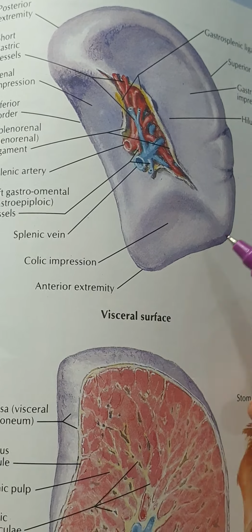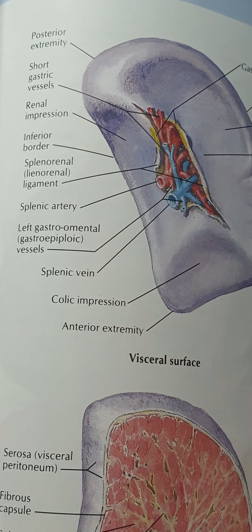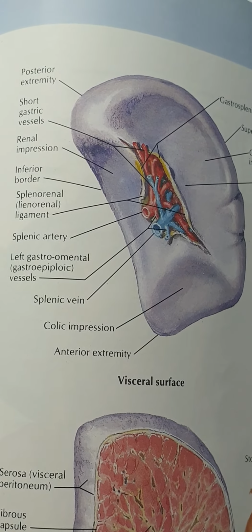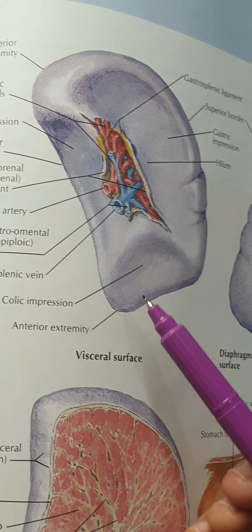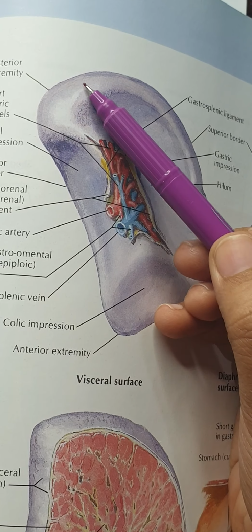This anterior or lateral extremity is expanded. It's not round, it's expanded, whereas the posterior extremity is not expanded, it is round. When you keep in mind the diagram, you can easily understand these differences. This anterior extremity is expanded, this posterior extremity is rounded.